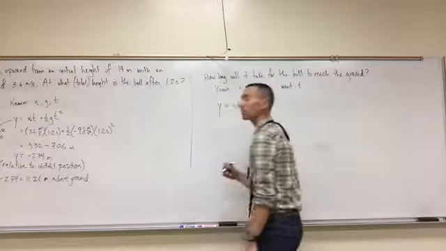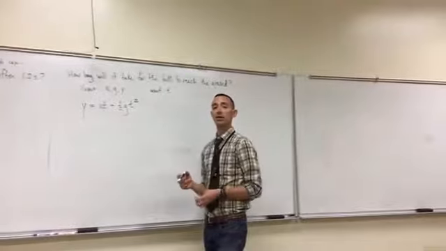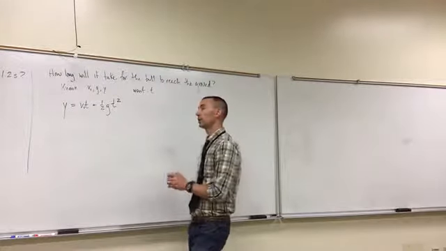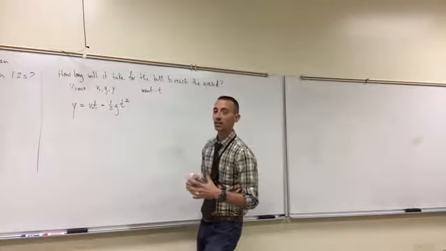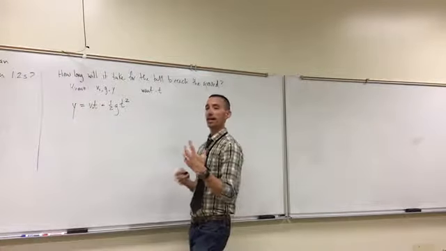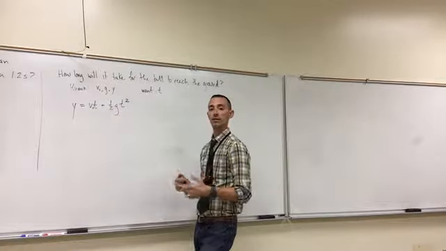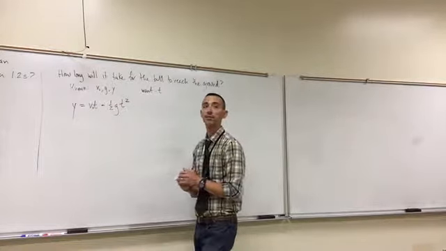You may look at some of the other equations of motion and choose to use one of them as well. I'm going to show you this one, though, in particular to make sure we understand how to use the quadratic equation, which we occasionally have to make use of.